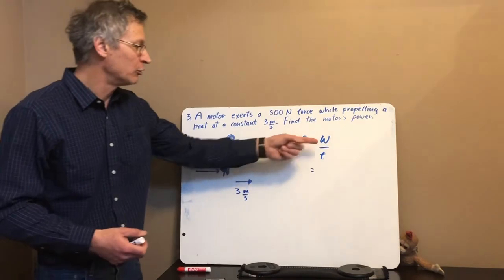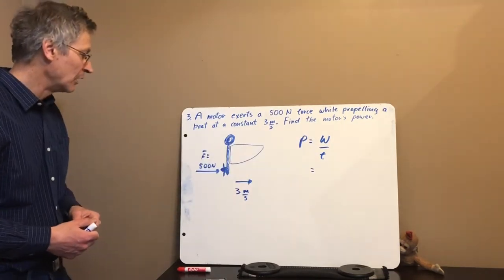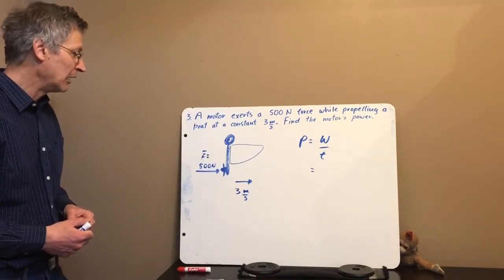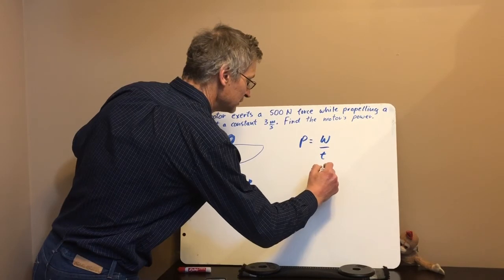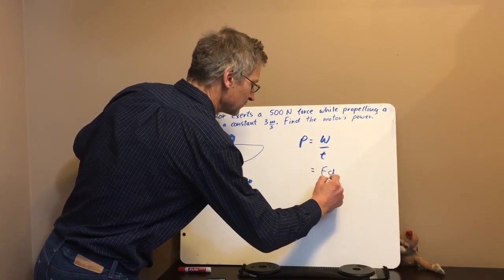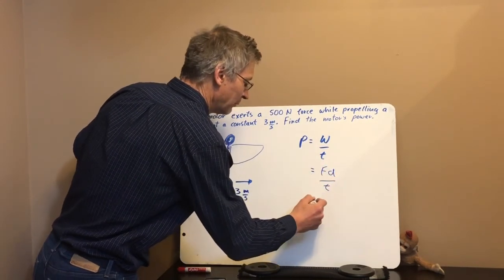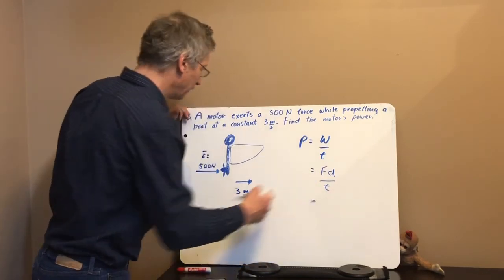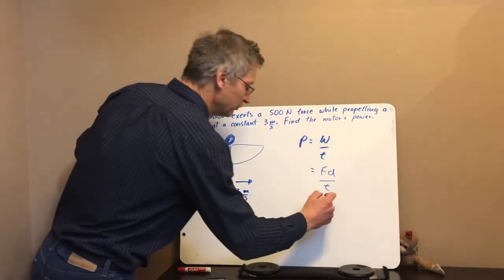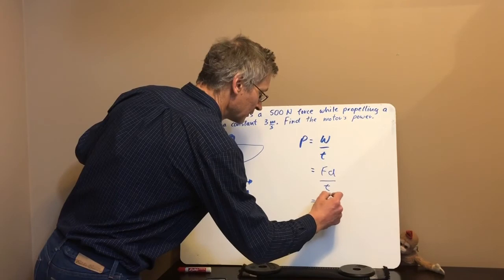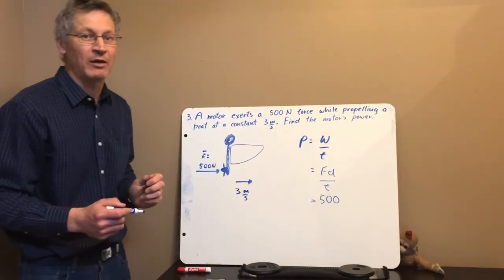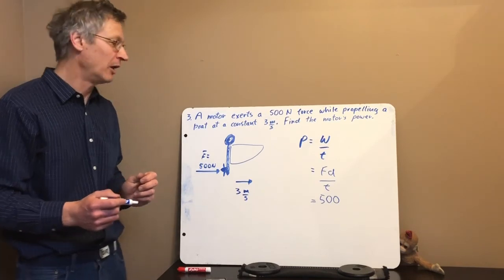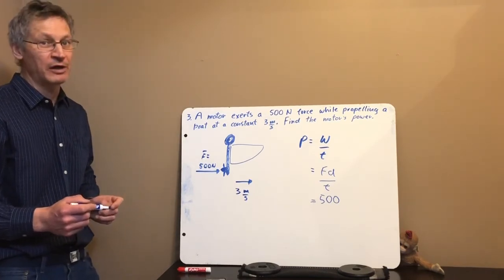Okay, so the motor's power. Well, power is equal to work over time. Work is equal to force times distance. We've got to divide that by time. So we know the force involved, that's 500 newtons. How about the distance and the time? It's not given to us really obviously, but it's there.